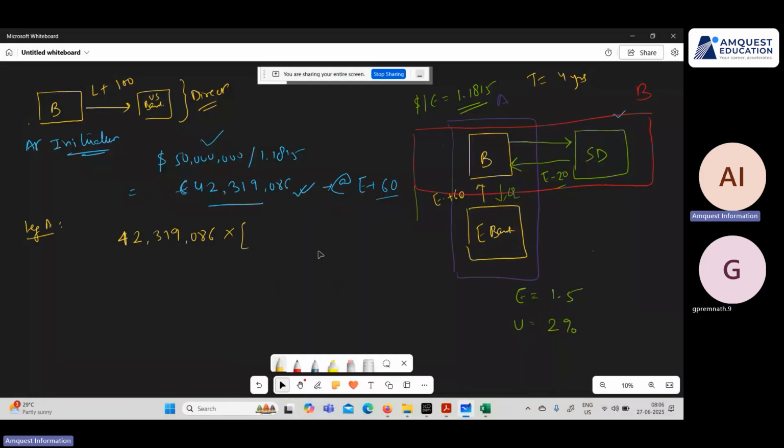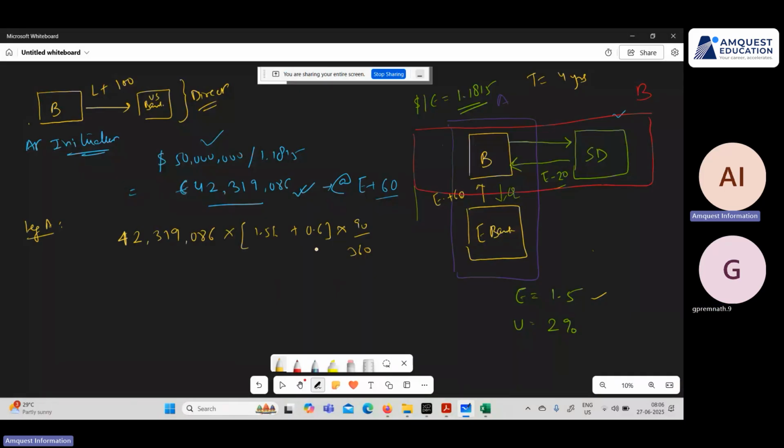How 2.1? 1.5% is the Euribor plus 60 bips. Okay, correct. Divided by 4, 90 by 360. Is that okay? Yeah. So this is fine. Now this is something that he's going to pay.